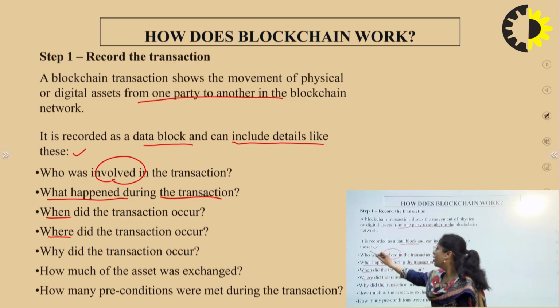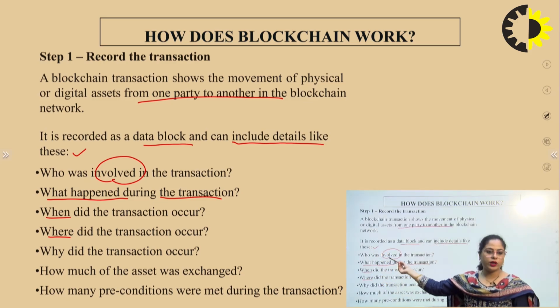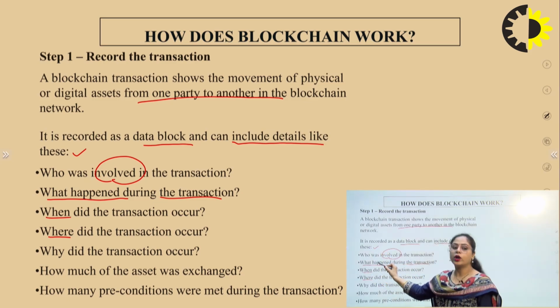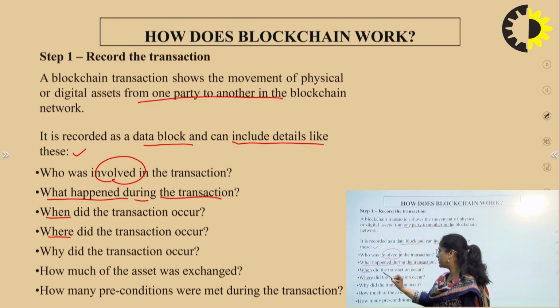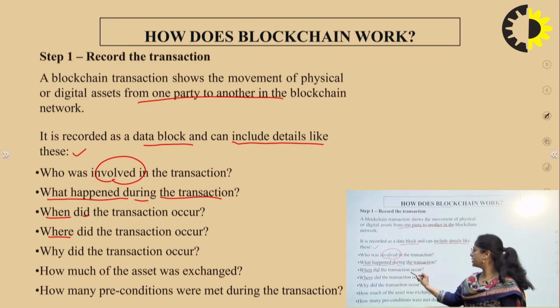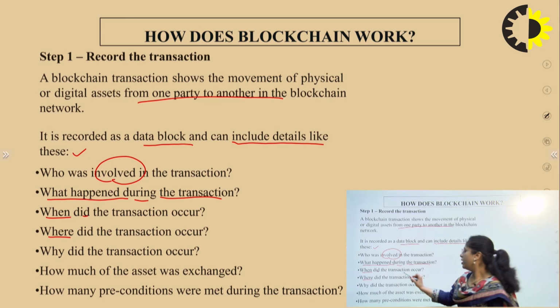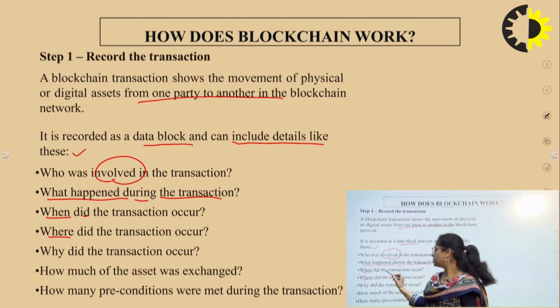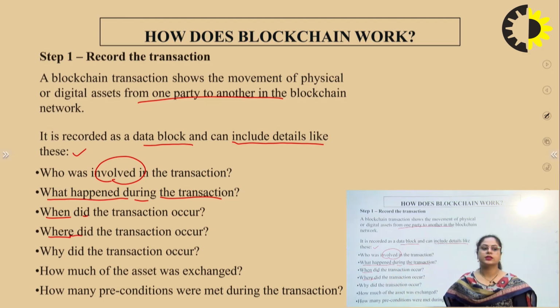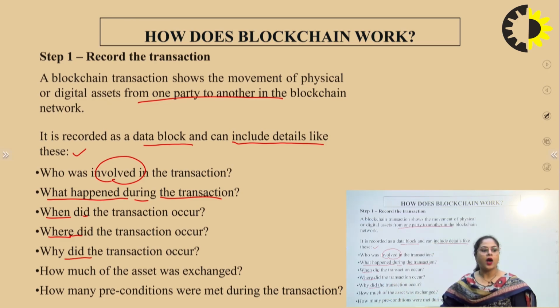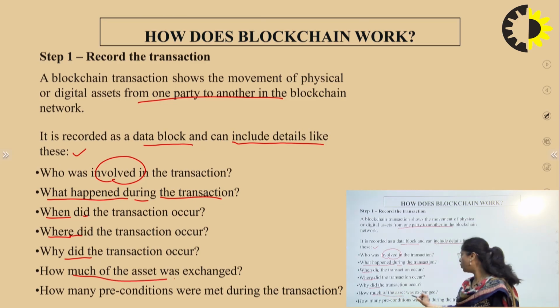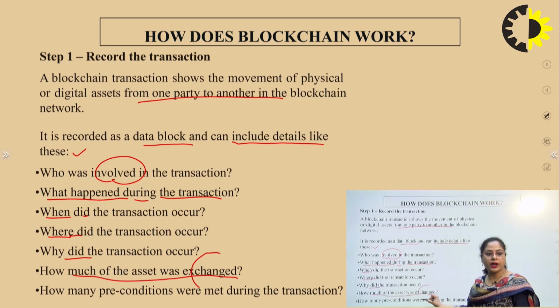See here, first who was involved in the transactions, after that what happened during the transactions, when did the transactions occur, at what time the transaction occurred, where did the transaction occur, why did the transaction occur, how much of the asset was exchanged during that transaction.